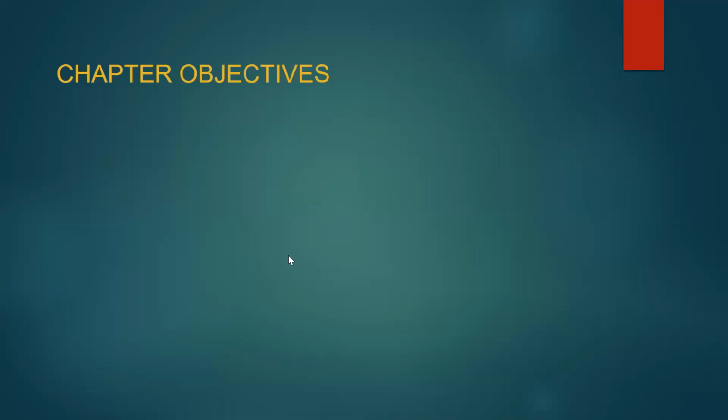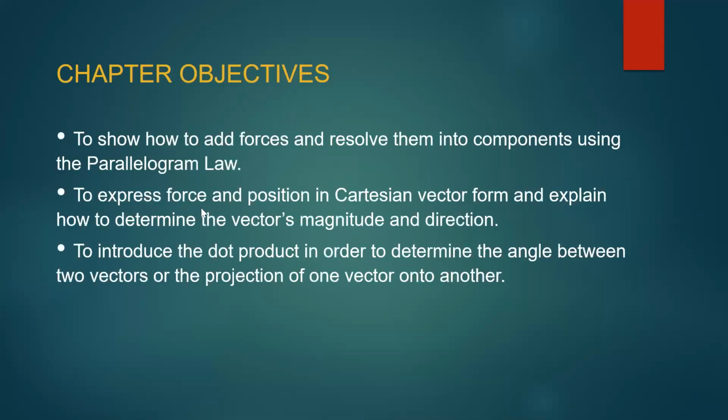So these are some of the objectives that we have in this chapter. At the end of this chapter, you need to at least be able to know how to add forces, resolve them into two components using the parallelogram rule, and also express the force and position in Cartesian vector form.